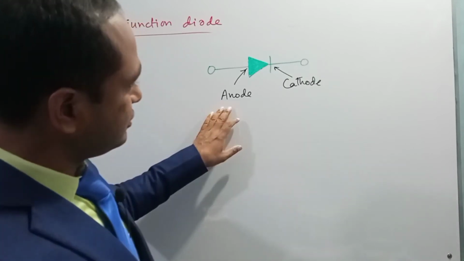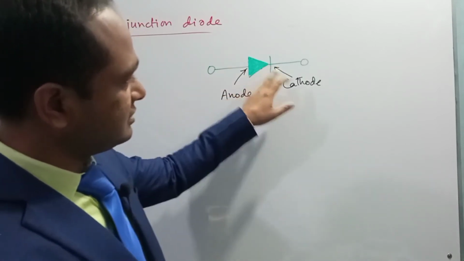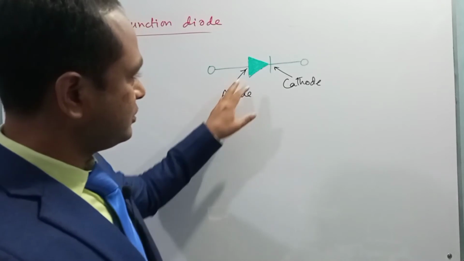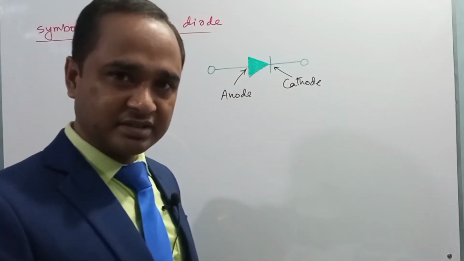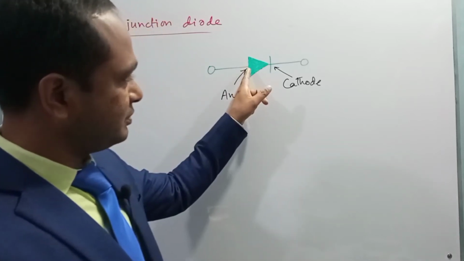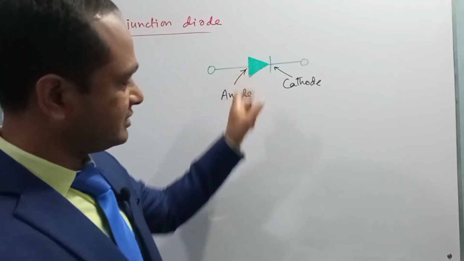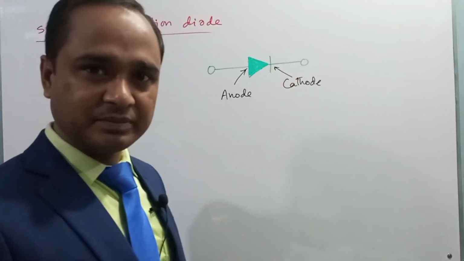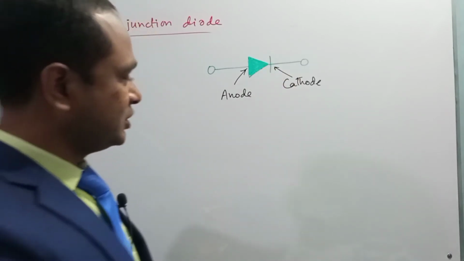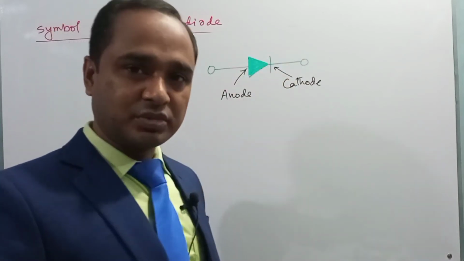So this point is known as the cathode, and this point is known as the anode. That is, the positive pin of the PN junction is indicated by this end, and the negative pin or N-type is indicated by this end. Okay, so in the circuit diagram we will use this symbol.